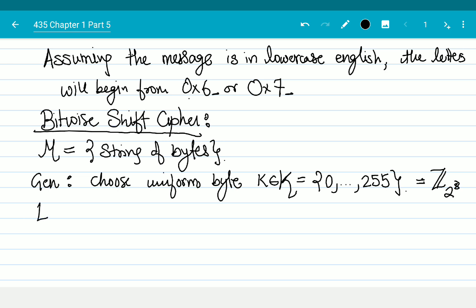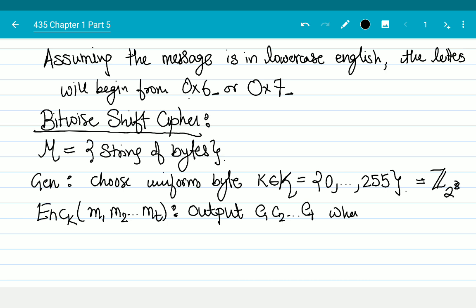Then the encryption using this key of the message M1, M2 dot dot dot MT gives the output C1, C2, dot dot dot CT, where Ci is equal to Mi XOR k, bitwise sum.